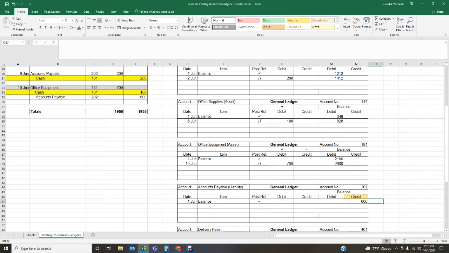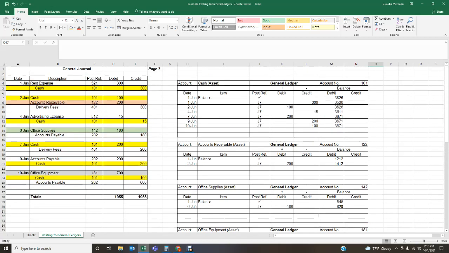So in this particular account, your balance will always be on the credit side, your ending balance. So we had an ending balance of $600, so that means that we owe $600. Now we're going to locate account number 202. So we're going to go down the list, and here I have a transaction for accounts payable.